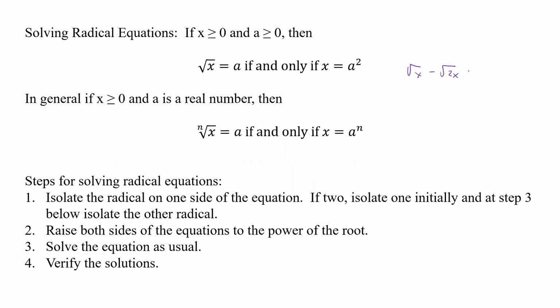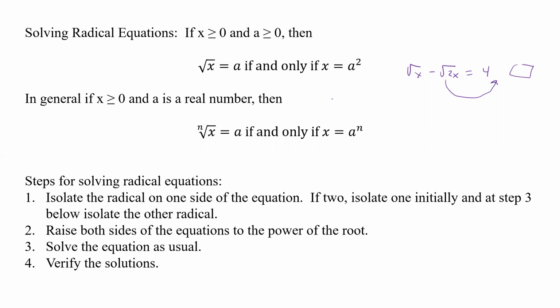So say if that was equal to 4, then we'd take this to that side. We'd square both sides, and when we get done, there's going to be a radical now on this side, and then we're basically going to have to go back into isolating the radical on one side of the equation again, and then solve from here below.